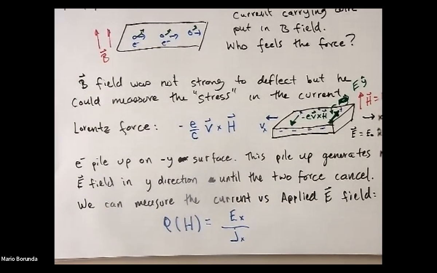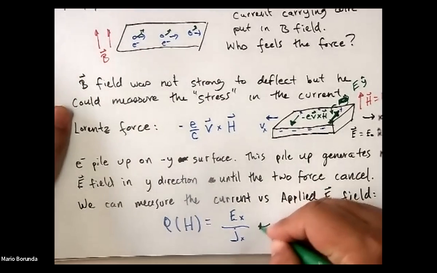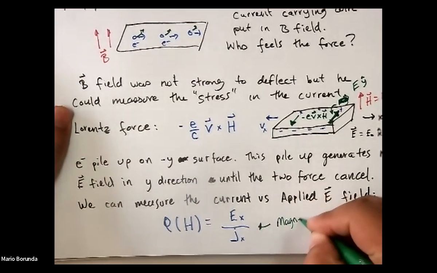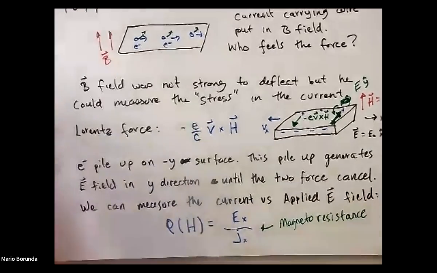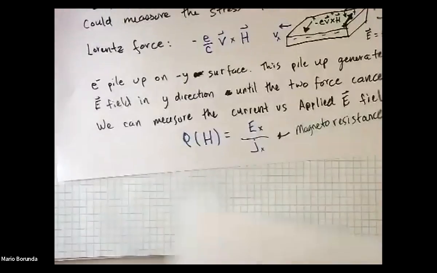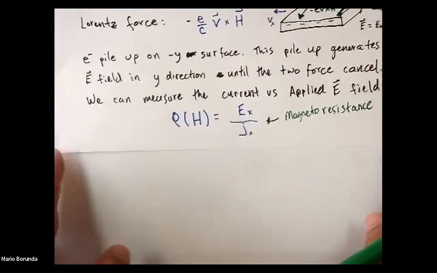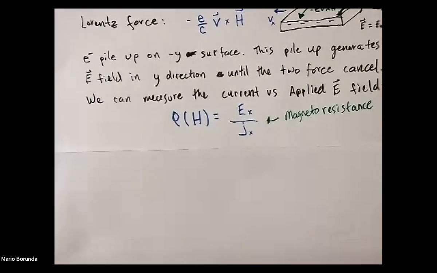So this one is what we call the magnetoresistance. Again, he couldn't generate a large enough magnetic field at the time to actually measure this change in the system. Now, you in your labs would be able to do that because we have way better things to measure current flow, right? Changes could be measured.